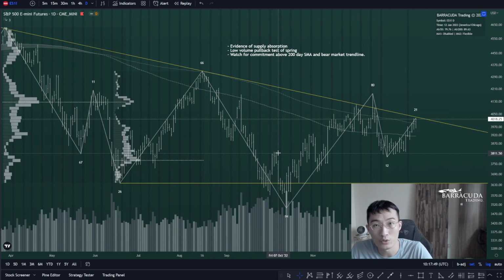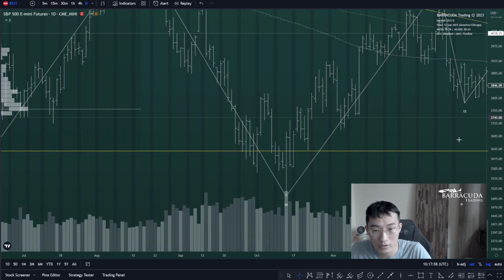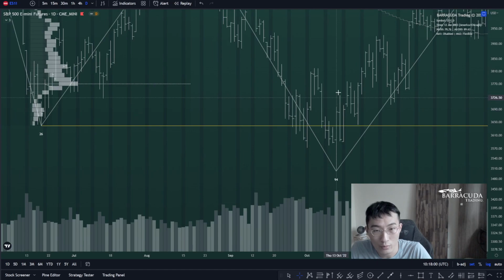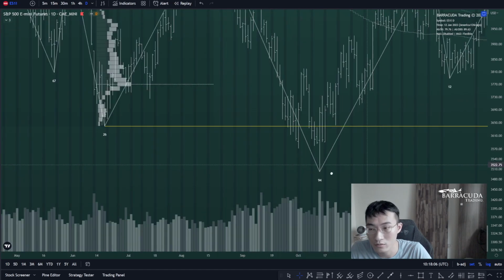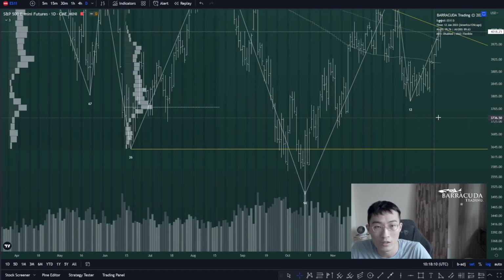There was no follow through, there's no commitment. So the price went back down again, retested that level, and this time it actually put in a very high volume tail, which suggested very strong buying going on here.